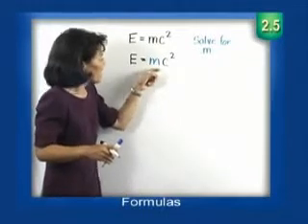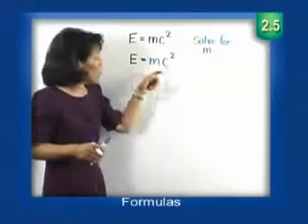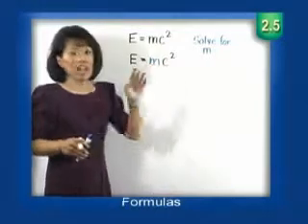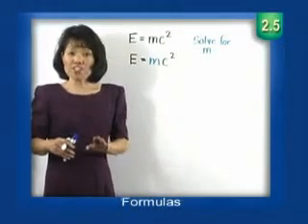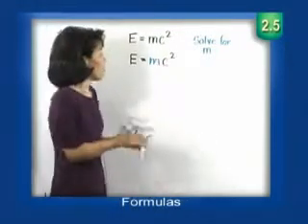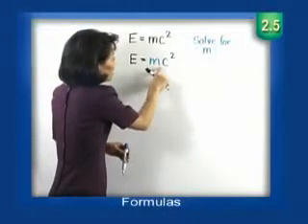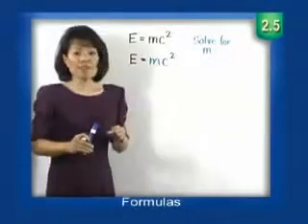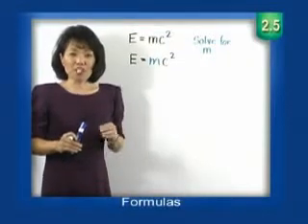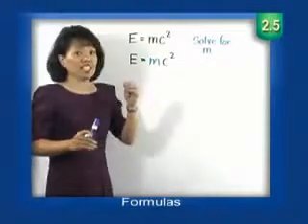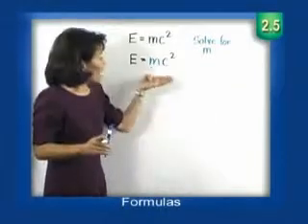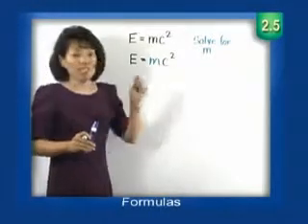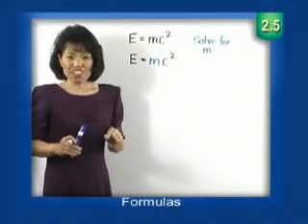Again, visualize in your mind that you want to get this blue m isolated or on one side of the equation all by itself. So I can see that what's standing in my way is that I have m times c squared. We learned in our work with solving linear equations that to undo multiplication, we're going to perform the operation of division.